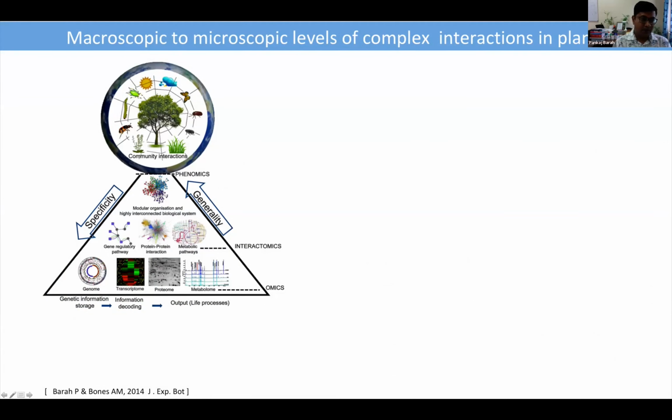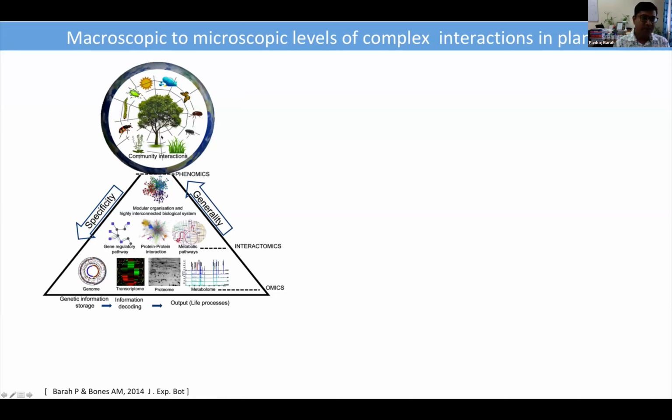During the course of evolution, the information is stored in the genome, and the information gets decoded into the transcriptome, proteome, metabolome, and finally all these interactomes: gene regulatory networks, protein-protein interactions, metabolic pathways, all modular in organization. What we get is basically the phenotype. And nowadays the field of high throughput phenomics is also developing.